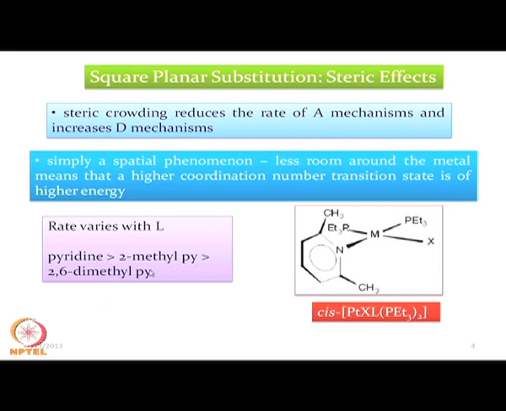Then in one case we can have one substitution, at the 2 position, and then substitution at both 2 positions. As we increase the steric crowding around this nitrogen in a stepwise manner, the reactivity pattern is also changing.